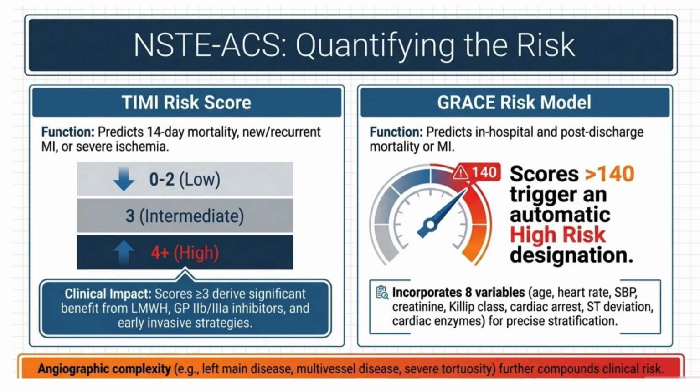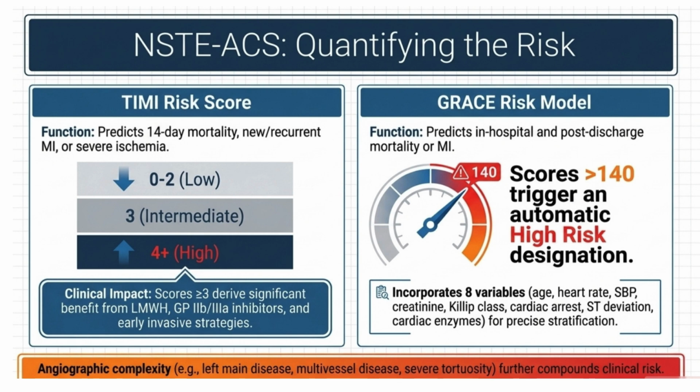The first one is the TIMI risk score, which consists of 7 variables, including age greater than or equal to 65 years, presence of 3 or more coronary artery disease risk factors, prior stenosis greater than or equal to 50%, ST segment changes, severe angina, aspirin use in the last 7 days, and elevated biomarkers. A score equal to or more than 3 indicates intermediate to high risk, favoring an early invasive strategy.